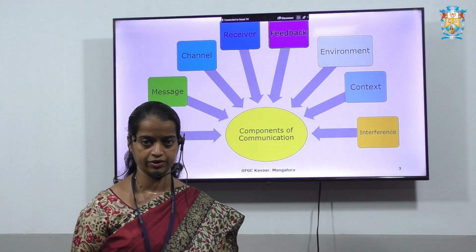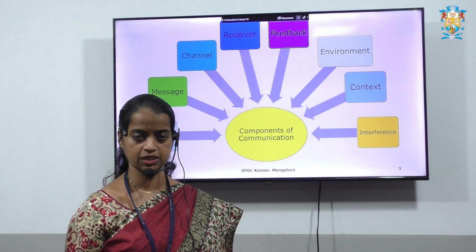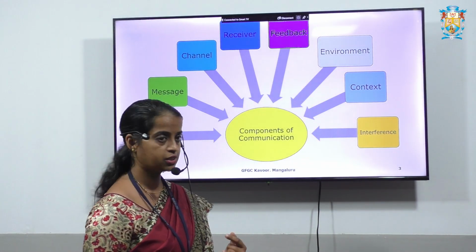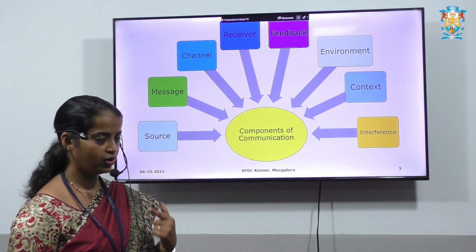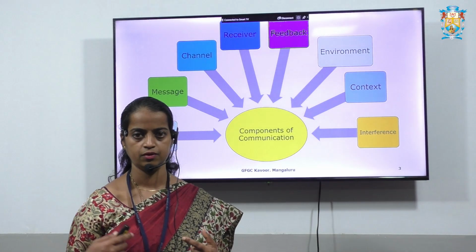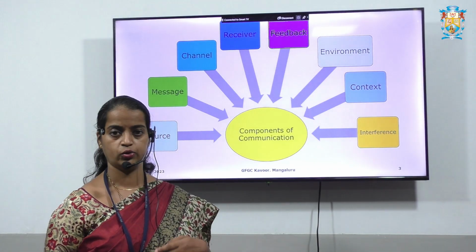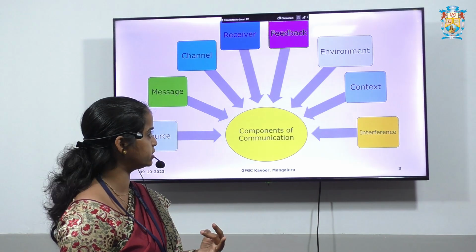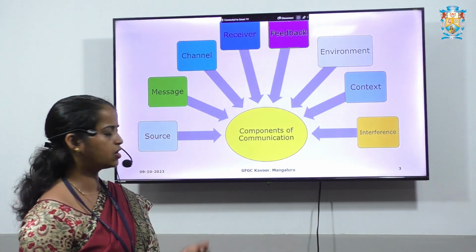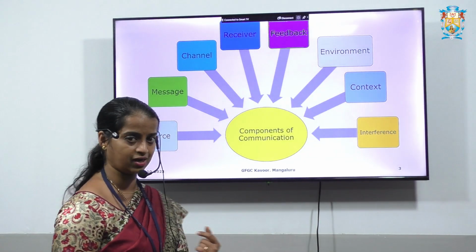Next comes the receiver, the person who receives the message. Once the message is received, the receiver has the option to give feedback, opinions, suggestions, etc. And the other component of communication is the environment.